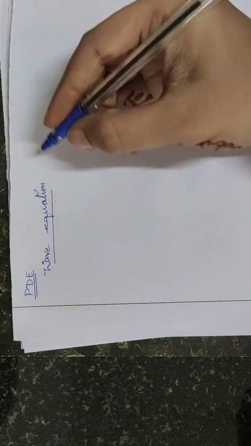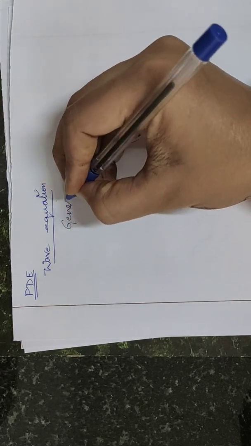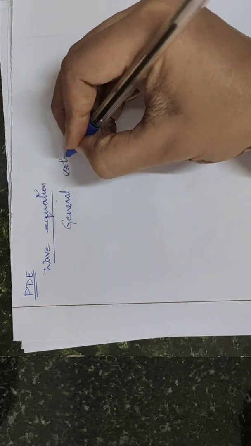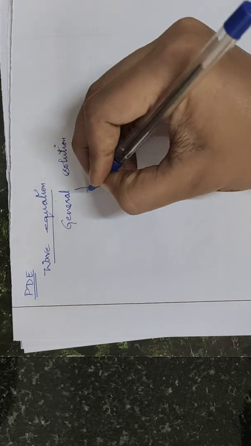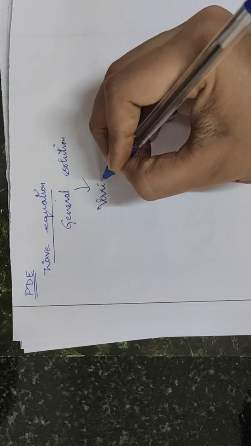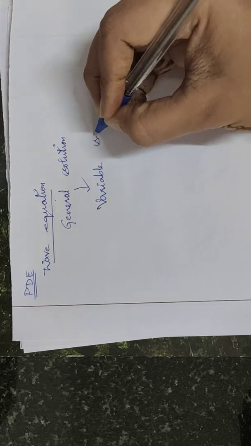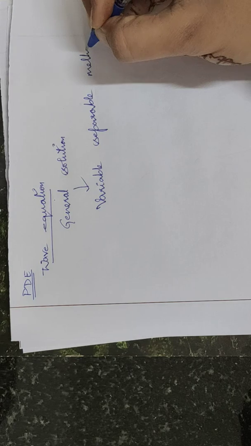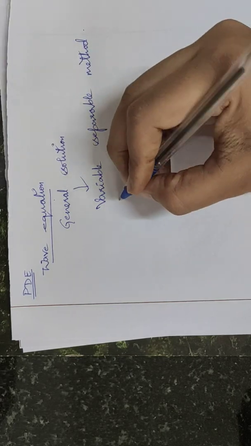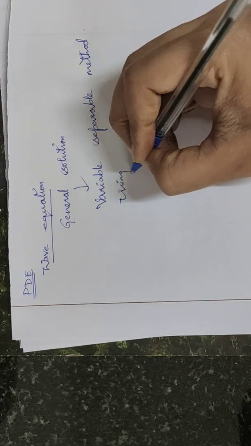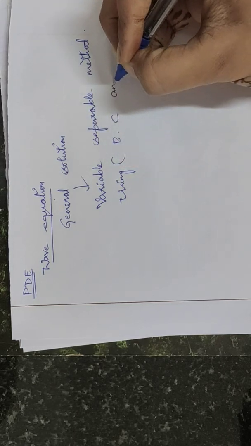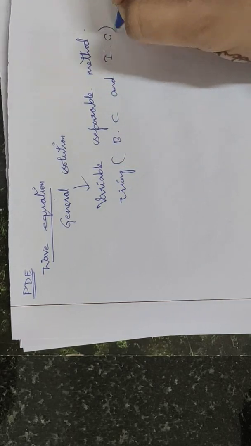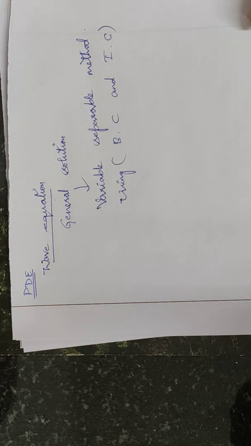From the wave equation we have seen the general solution using the variable separable method, and using boundary conditions and initial condition we arrived at a final solution. This is what we discussed in the previous session.